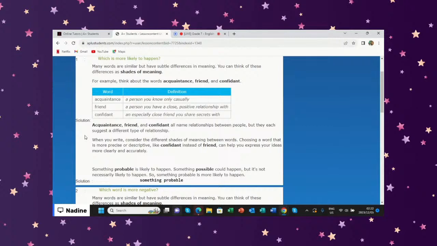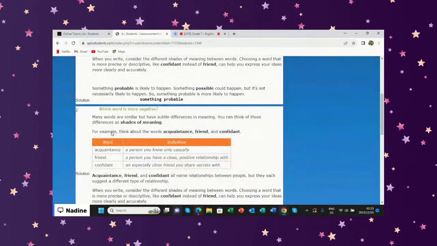And if you also know the meaning of the word confidant, then you'll be able to easily describe the specific person based on the fact that this is your confidant. Someone that you can share secrets with, someone that you trust. So you use the word confidant instead of a friend, and that can help you express your ideas more clearly and accurately.